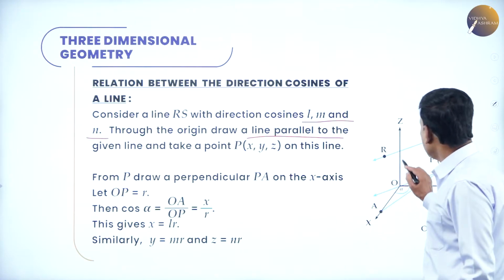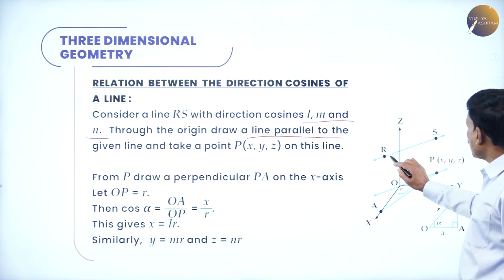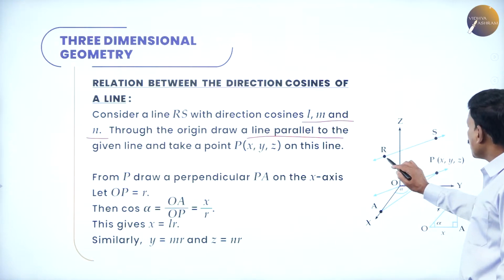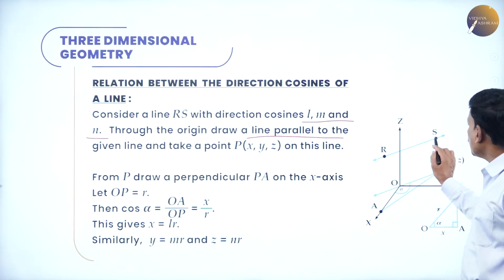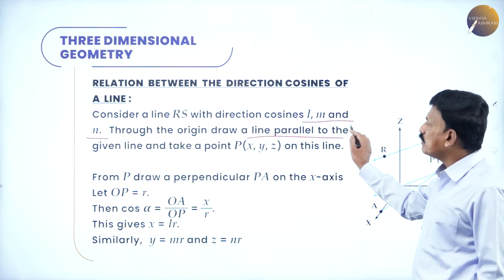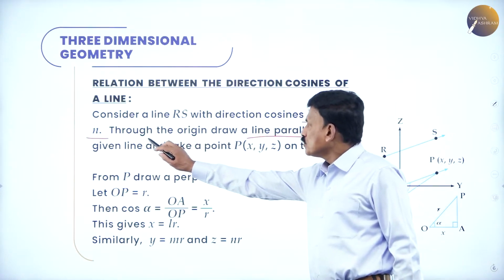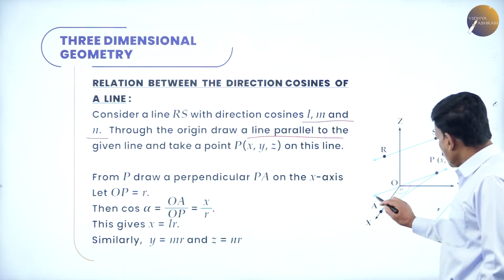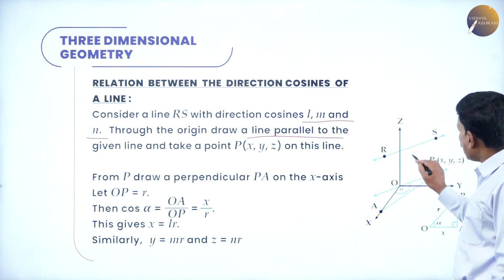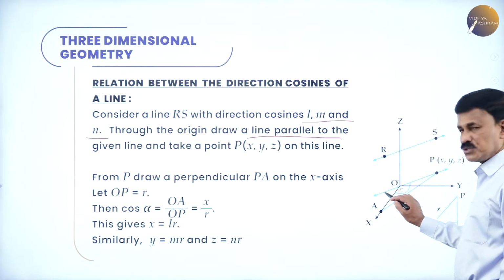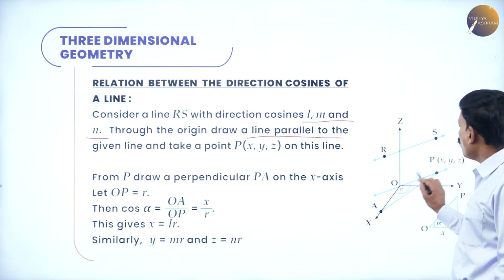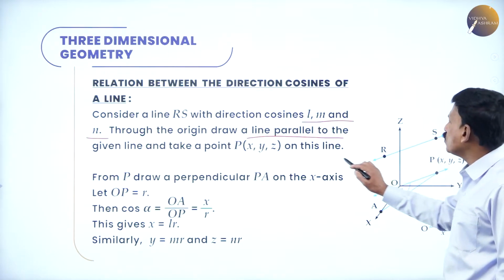Now consider a line RS with direction cosines l, m and n. Through the origin, a line OQ is drawn which is parallel to RS.